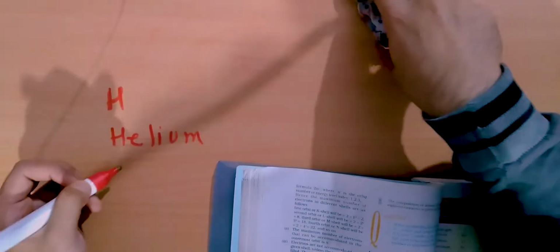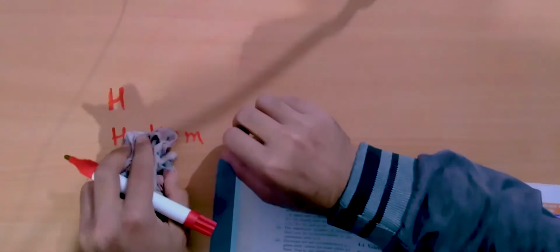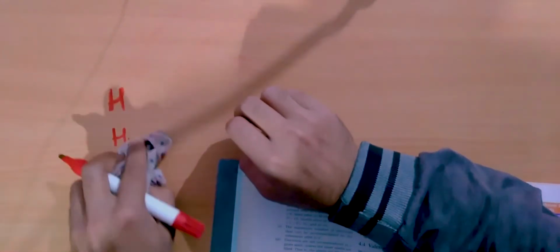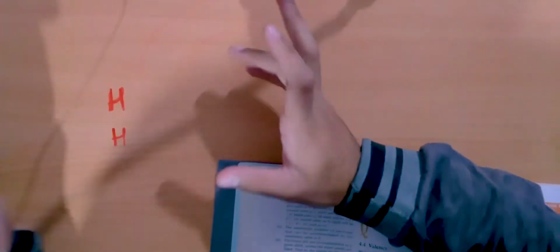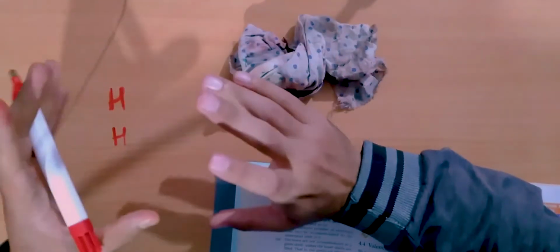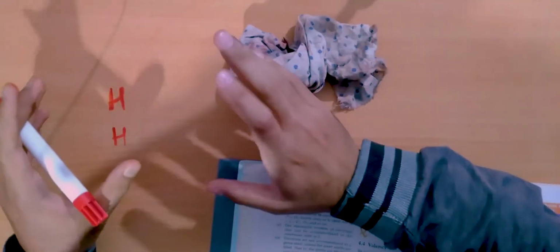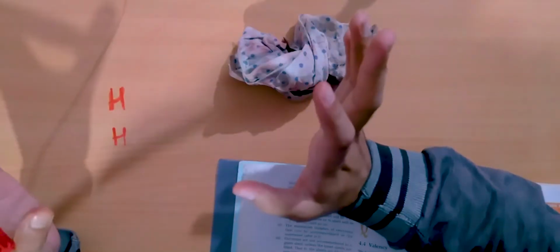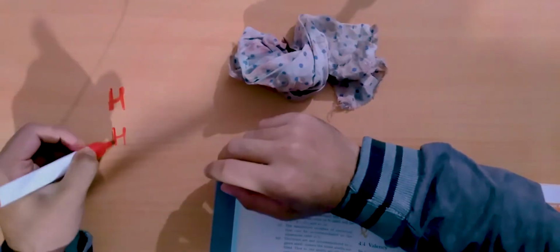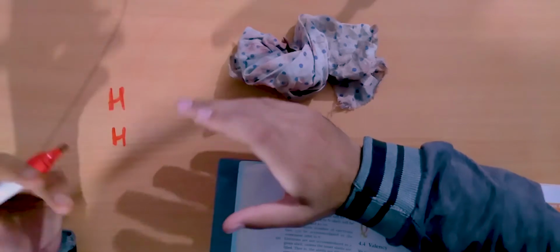Now if again I follow the same rule and remove the remaining letters, this becomes H and H, the same. But two elements should not have the same nicknames, because that will just be confusing. We want these two to have different symbols.